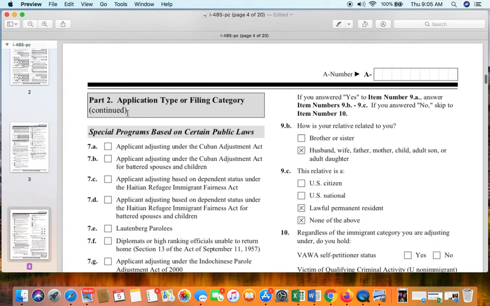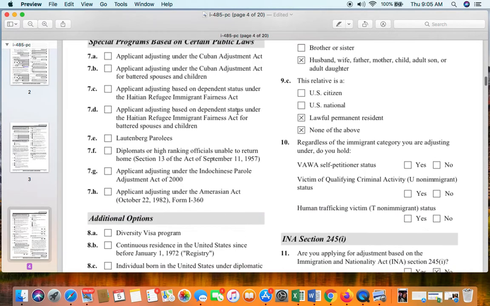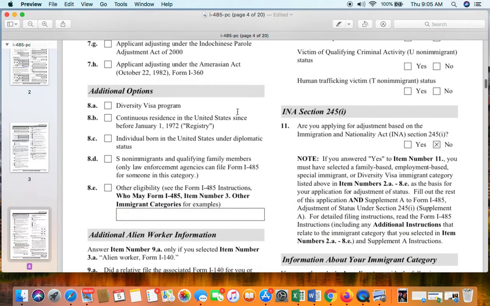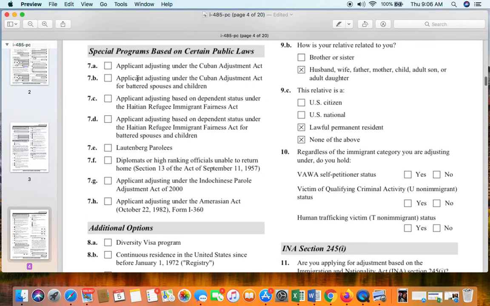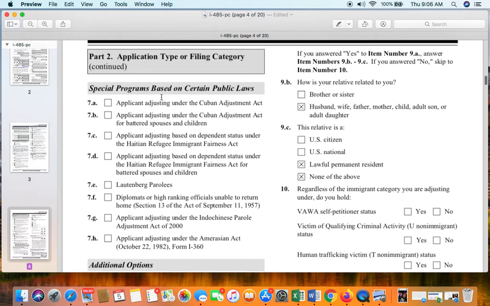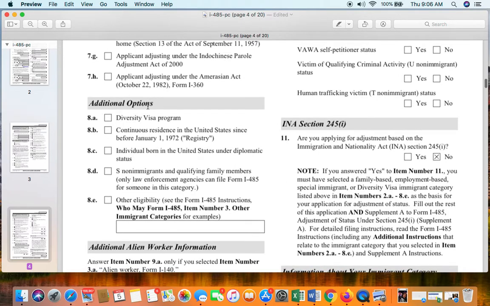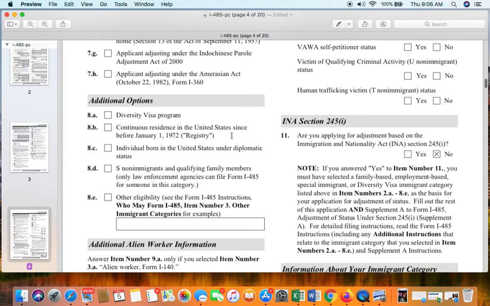And then let's go to Part 2, application type of filing categories. Special programs based on certain public laws. So this one right here, applicant adjusting Cuban. This is not applicable for us, so I'm just going to leave this section blank. And this additional options, diversity visa program, continuous residence in United States.